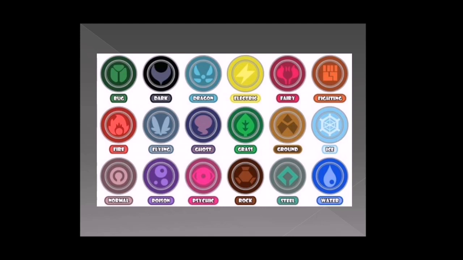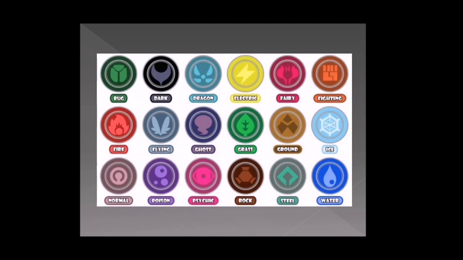Some of them are very self-explanatory, but some others have no natural logic and are more there to give balance to the game. I will give more examples, but I prefer to wait until we see more or less how it works. You can see in the presentation the 18 elemental types that there are.